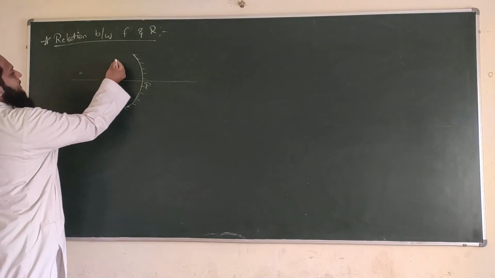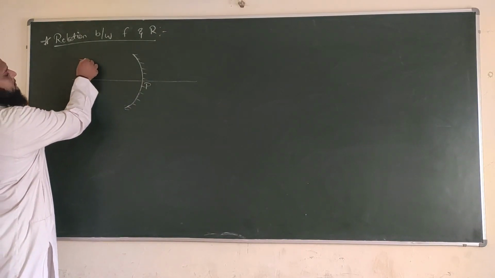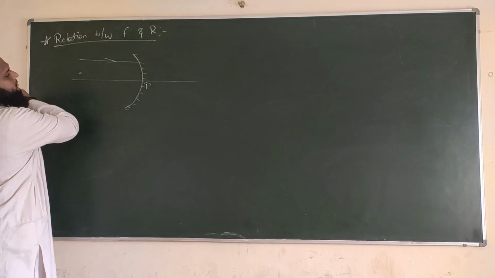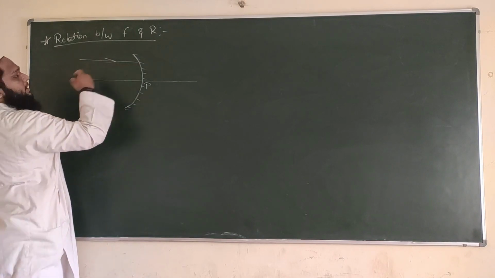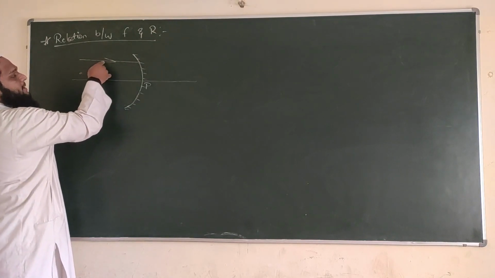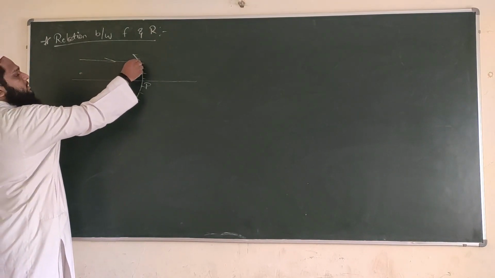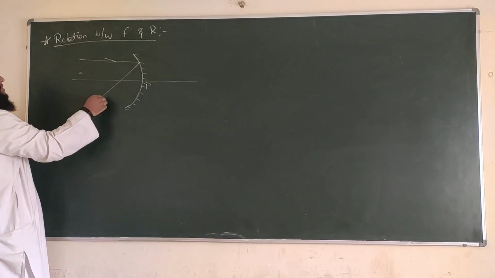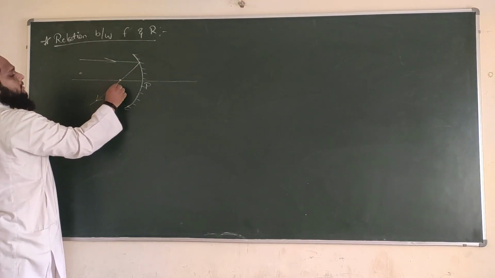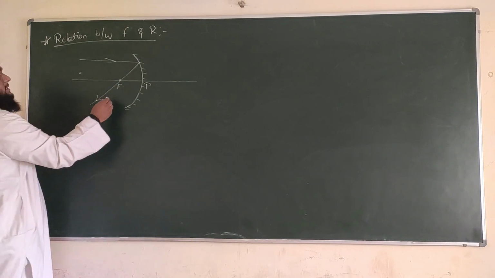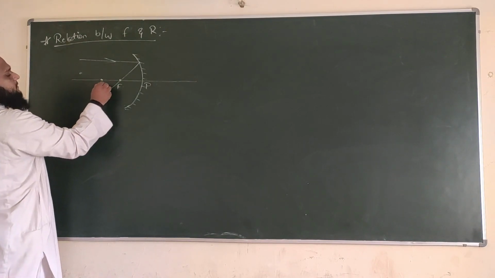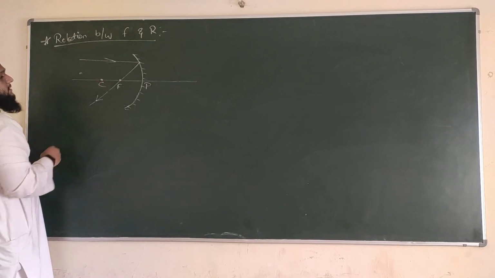Then let us say the first rule we will follow. From the object, you have light coming this way. Once it is incident at a point, then it will pass through the principal focus. This is a parallel incident ray. Then the center must be somewhere here, isn't it?